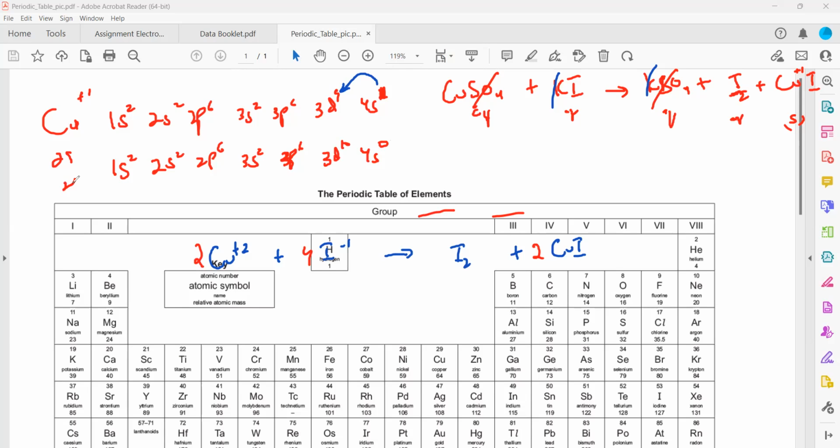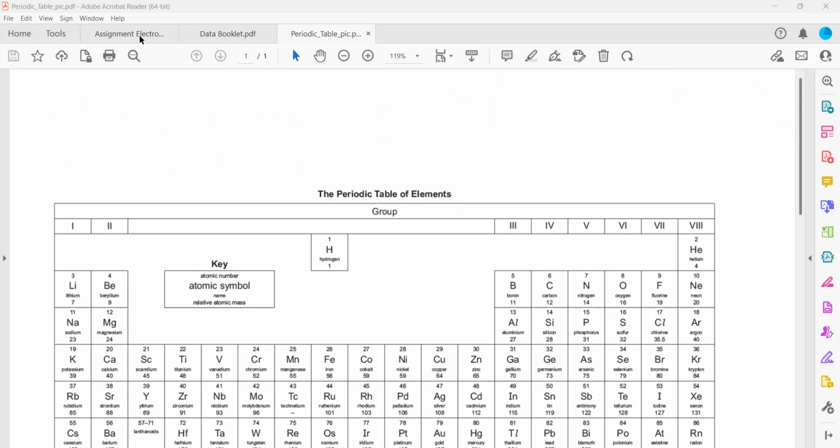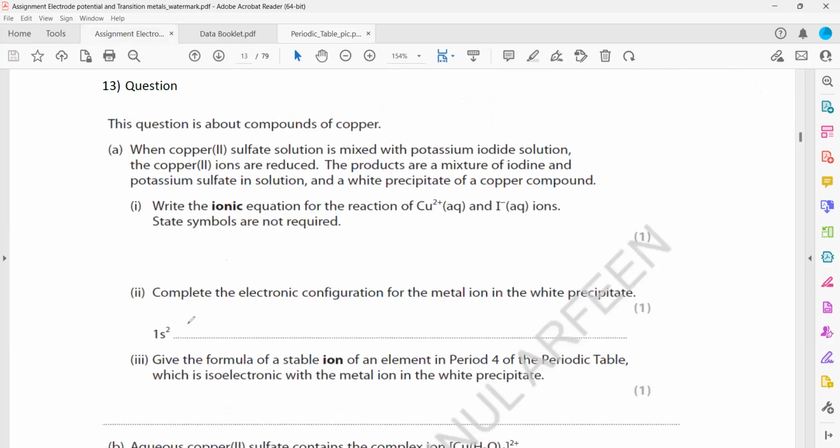There is no electron left in 4s. This is the copper atom, and this one is the copper plus 1 ion. That's how we write the electronic configuration: 1s2, 2s2, 2p6, 3s2, 3p6, 3d10 and 4s0, or you don't write the 4s0, that is also fine.